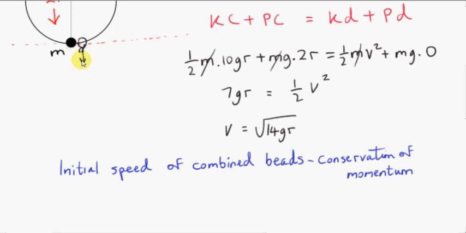The weight force is vertically down, and the contact forces, the force on the bead due to the hoop, are vertically up. So those forces have no component in the direction of motion, which is this dotted line here. That means we can apply conservation of momentum in this direction. So what's the momentum just before the first bead strikes the second bead? Well, that's the mass of the first bead times its speed, which is here.